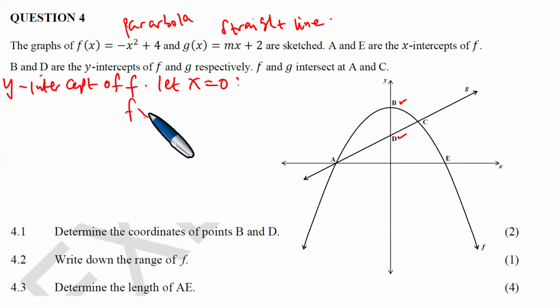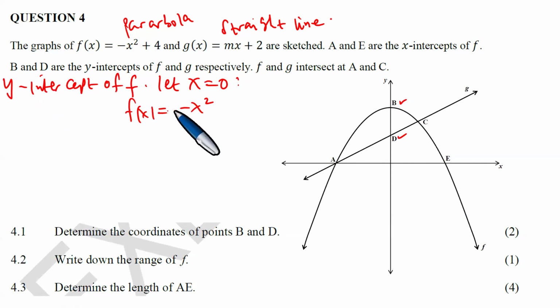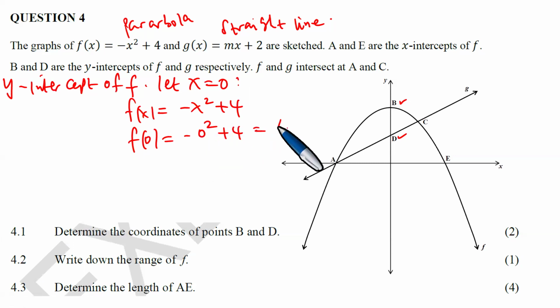So f of x is minus x squared plus 4. But obviously this happens when x is 0, so that we have f of 0, which is minus 0 squared plus 4. Minus 0 squared is 0, giving us a 4.